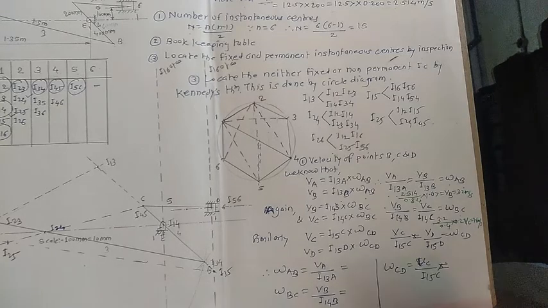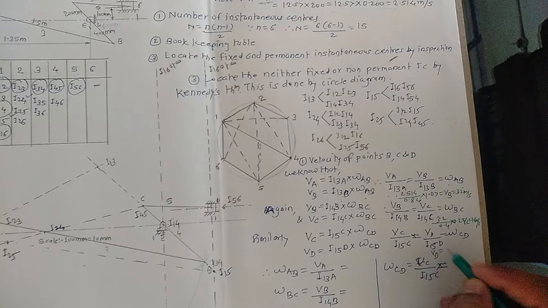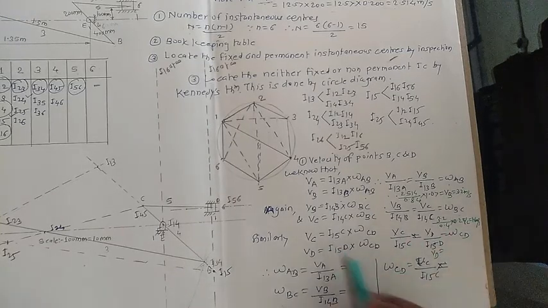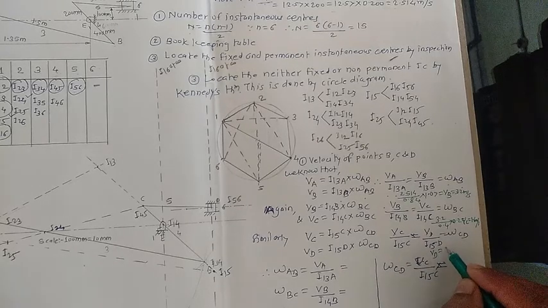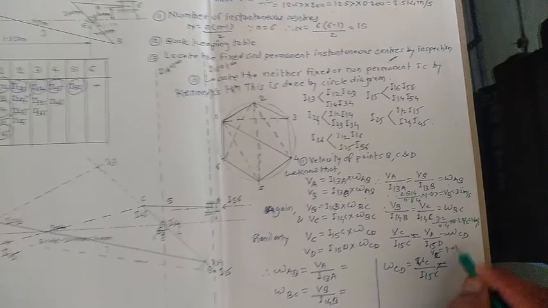So in this way, we can get the next one, VD. VD equals to I15D, this relation we have developed. So VD is nothing but the I15D multiplied by this VC divided by I15C. After doing calculation, I'll write here direct: we can get the VD equals to 1.08 meter per second.